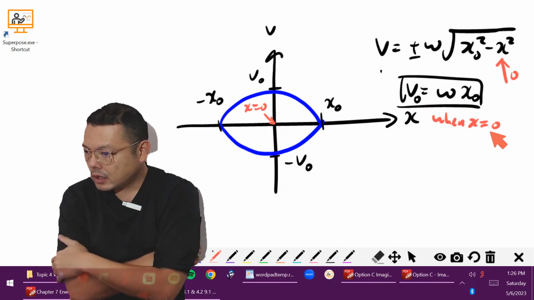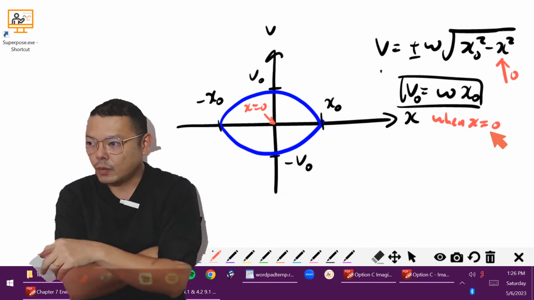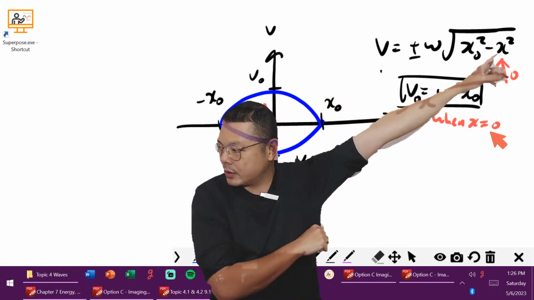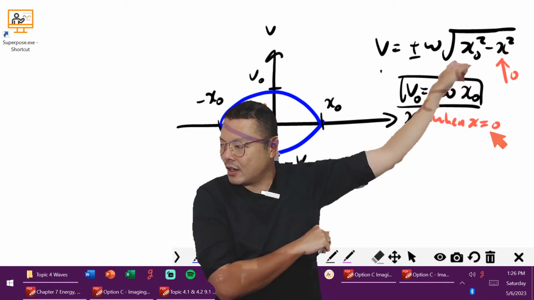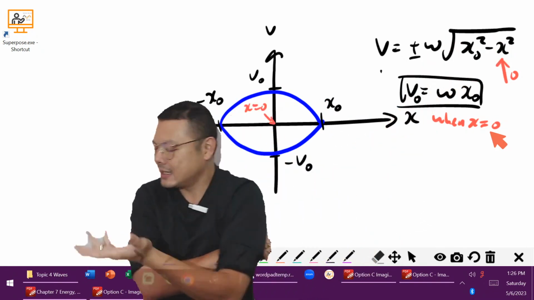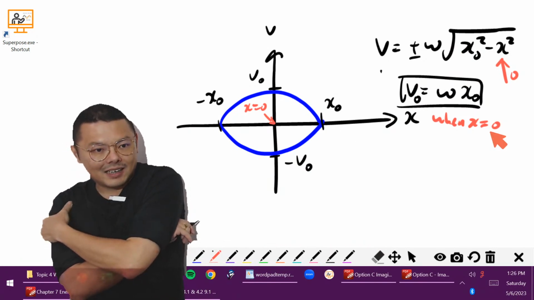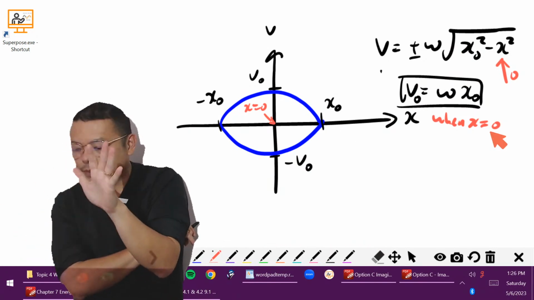At the amplitude. Why? That's when x equals what? Max. x equals x naught. So it's x naught squared minus x naught squared. What happens? 0. You see that? Then everything else can be found from the equation, right?